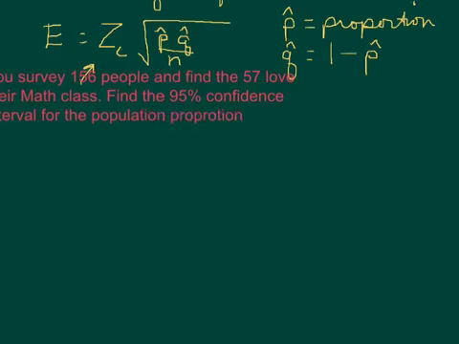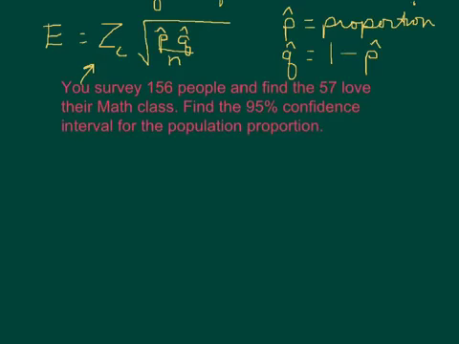Again, it's a proportion because we're not dealing with the mean. We're not dealing with the average number of people. We're dealing with a proportion. So let me scoot that out so you can see it all the way. There we go. All right, so that's what a typical problem looks like.